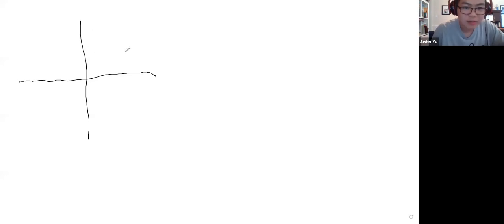And yes, that's exactly what this is. However, we can also use it as a complex plane, where the x-axis is the real axis and the y-axis is the imaginary axis. So this is an example of the point 3 plus 2i. 3 to the left, 2 up.